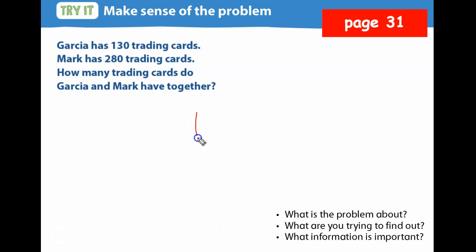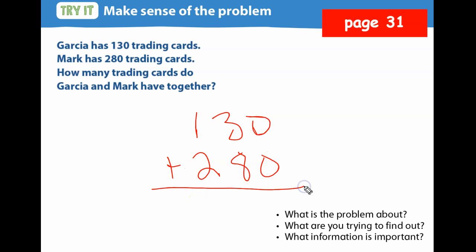So let's solve it. 130, if I'm writing, you're writing, right? Plus 280. I add the numbers in the ones place. What's 0 plus 0? 0. 3 plus 8? 11. So what do I need to do? Okay, so I'm going to put the number that's in the ones place down first, and then the one that was in the tens place, I need to carry it over to the hundreds place, right?